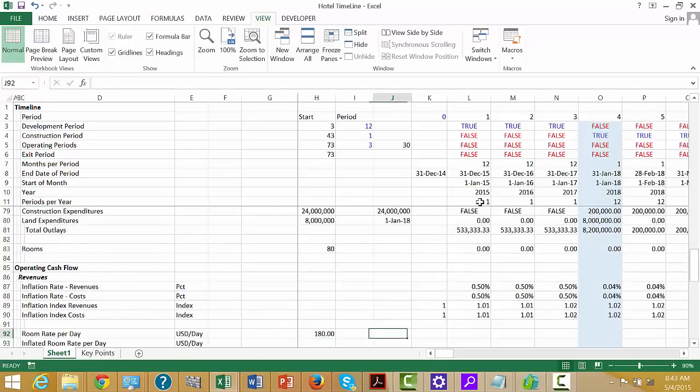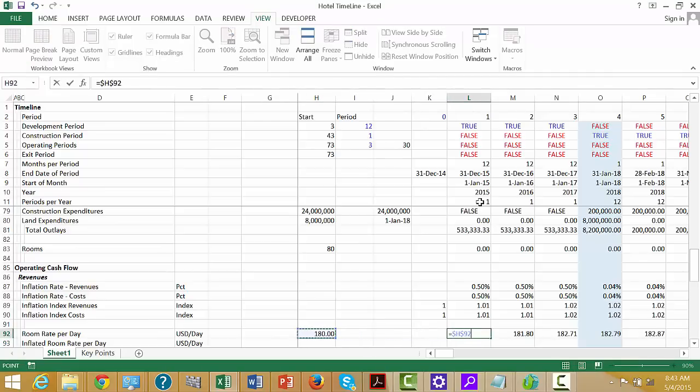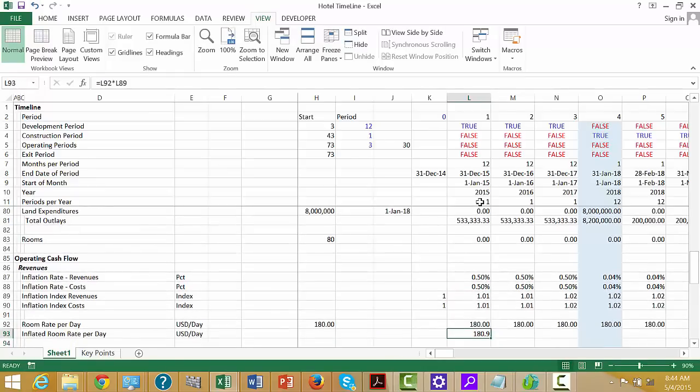And let's just say our room rate per day is going to be this one multiplied by our inflation index, Shift Control 1. Oops, I'm sorry, I just made one that didn't do anything. And then we can take this one multiplied by this one. I didn't really need two ones.